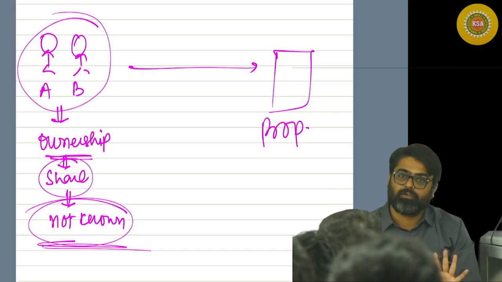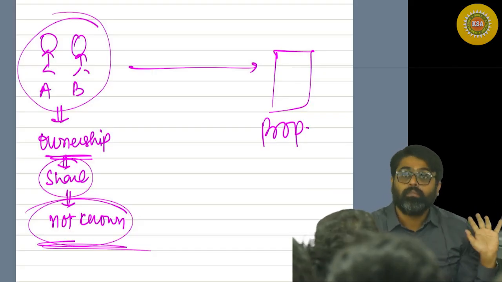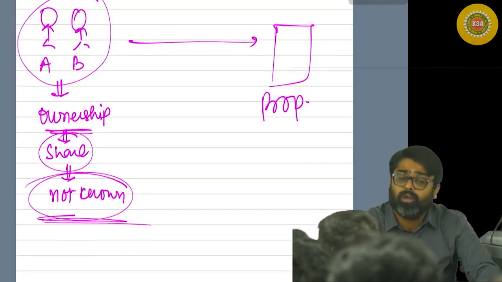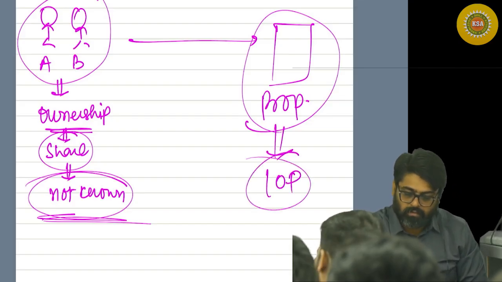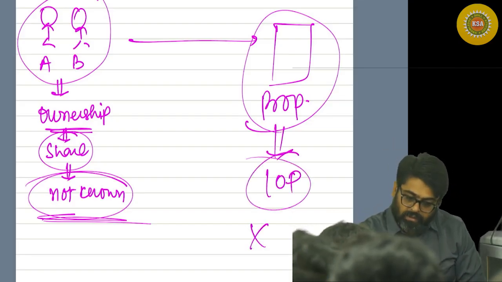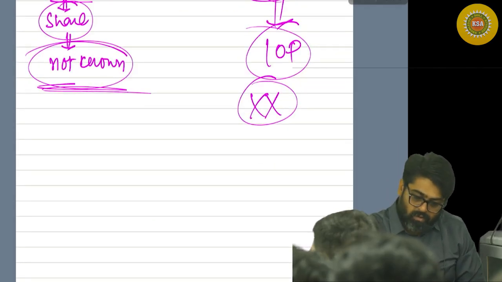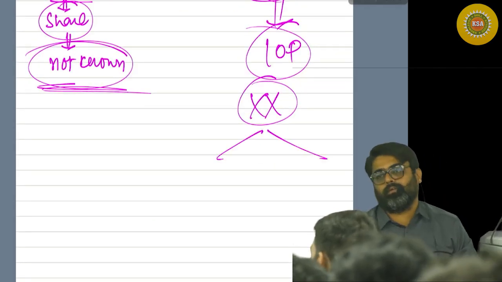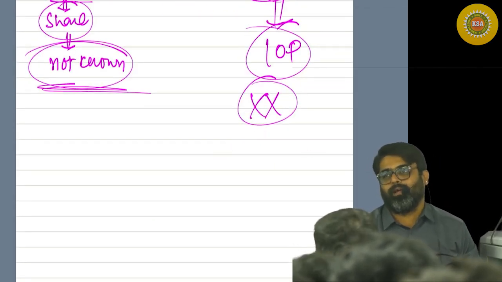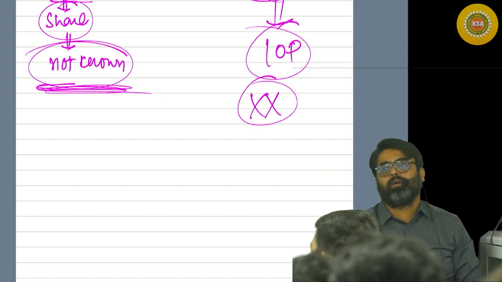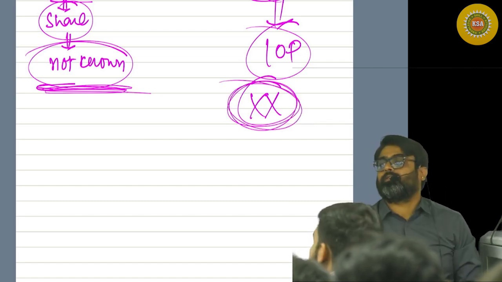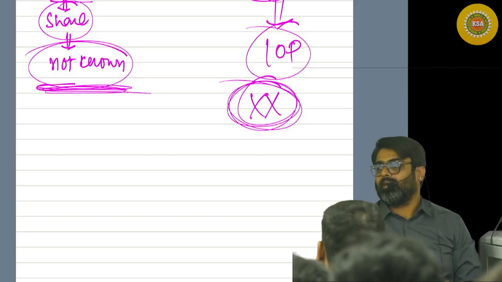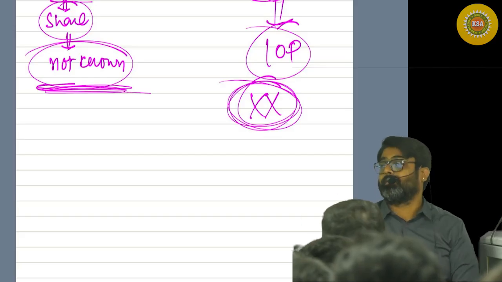In this case also, forget that there is a co-ownership. If the property is there, can you calculate the income? But now, you will not be able to split. Why? Because the share is not known, or it cannot be ascertained. Now the income which is there, this has to be taxed.